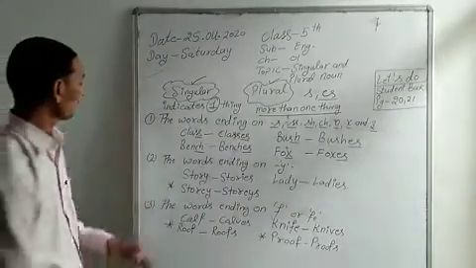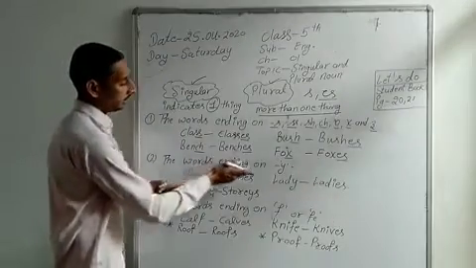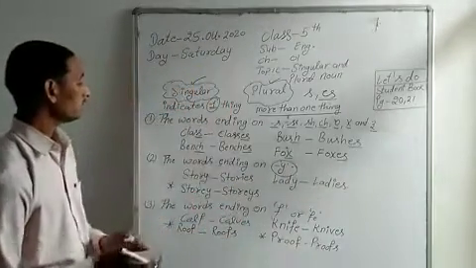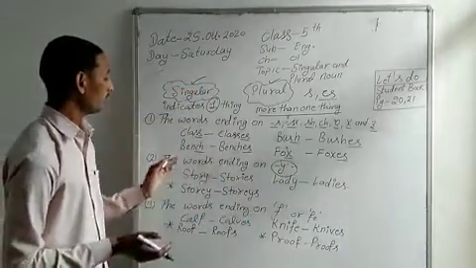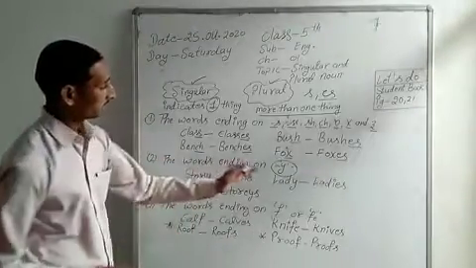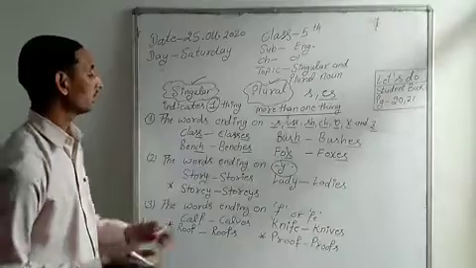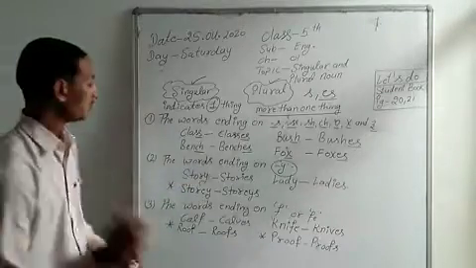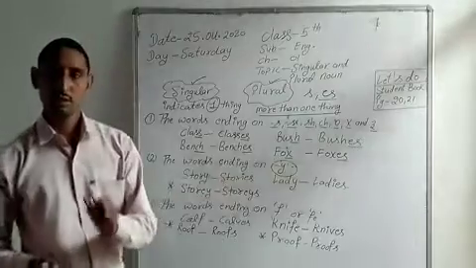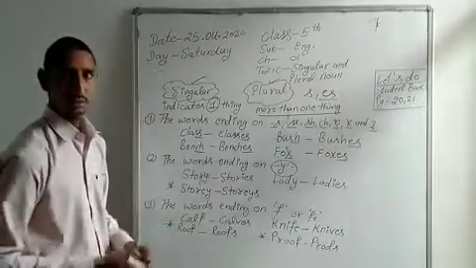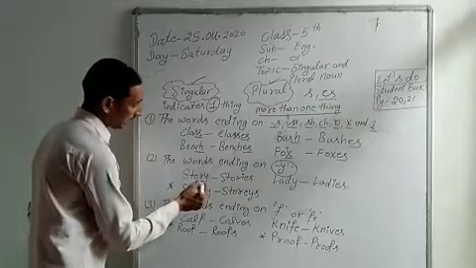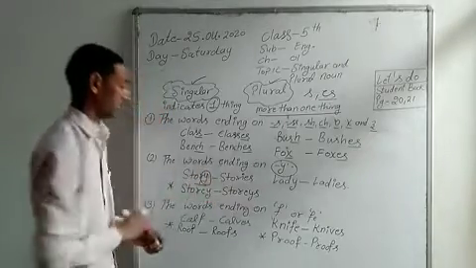Second rule says the words ending on y. The words which end on y will also be made plural using es, but before adding es, we must delete y and paste i there. Let's see some examples to understand this rule. See, the story word has y in the end.